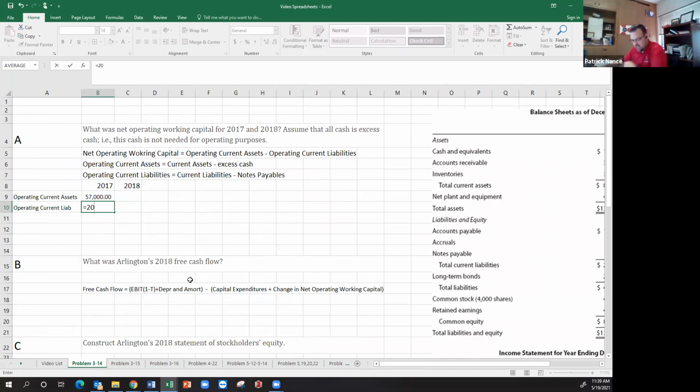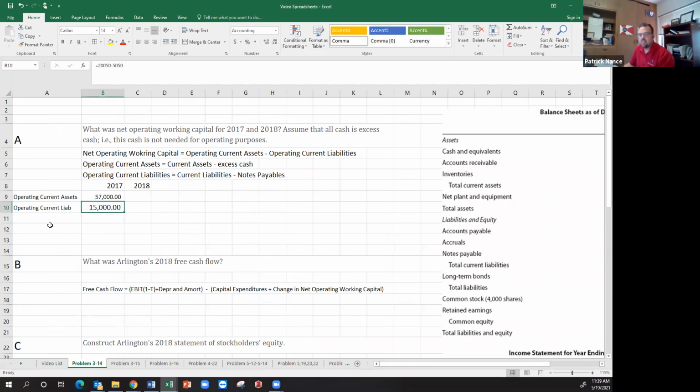So 20,050 minus 5,050 is 15,000 for my operating current liabilities. And now to find my net operating working capital, I just subtract one from the other. So equals 57,000 minus 15,000. 42,000 is my 2017 net operating working capital.